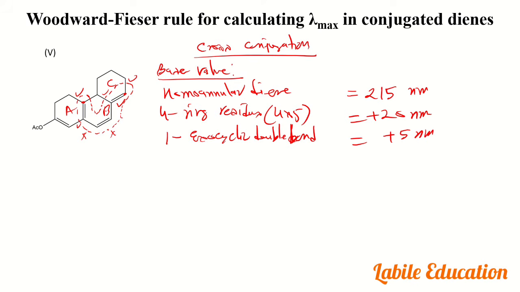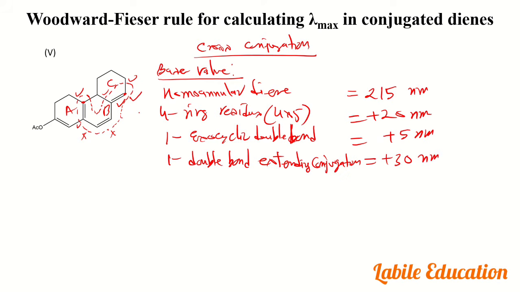Now we will see whether there is any extra double bond. Yes, other than the conjugated diene system, there is one extra double bond, one double bond extending conjugation. So that will contribute 30 nanometer.